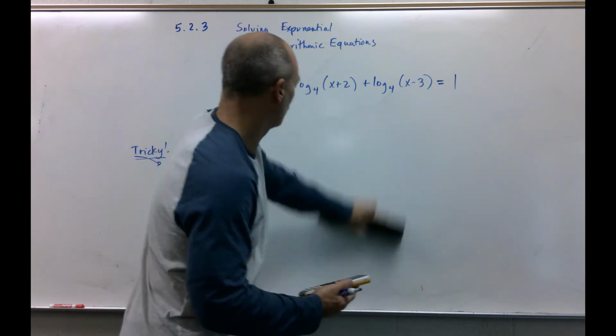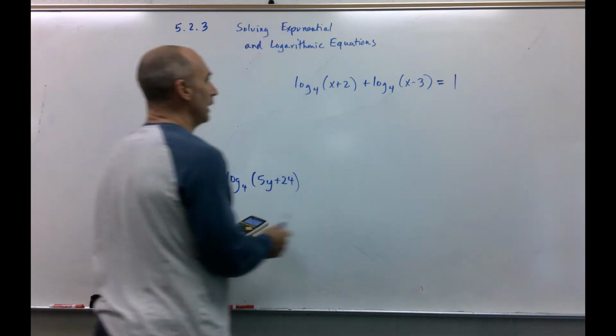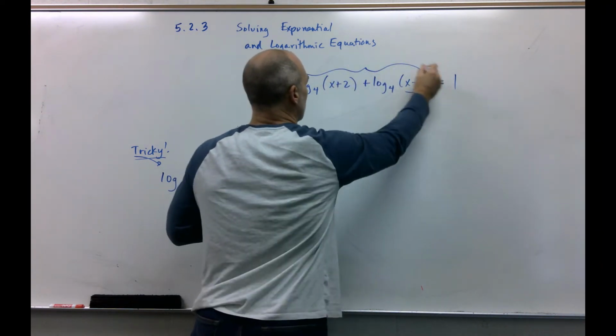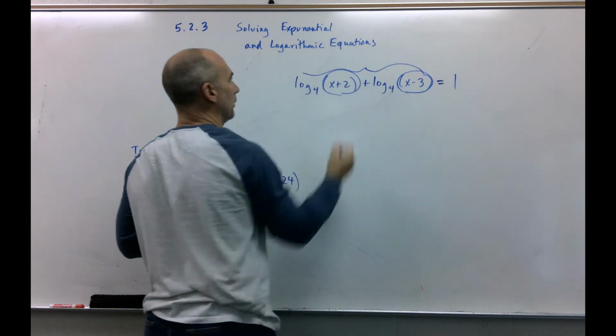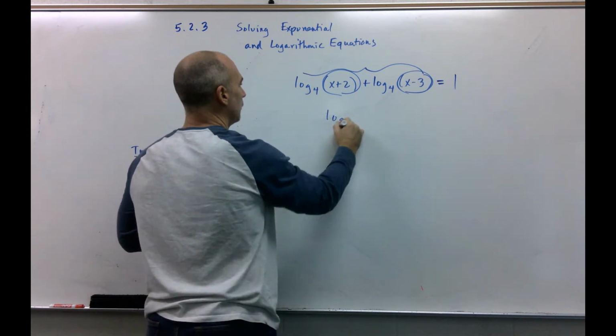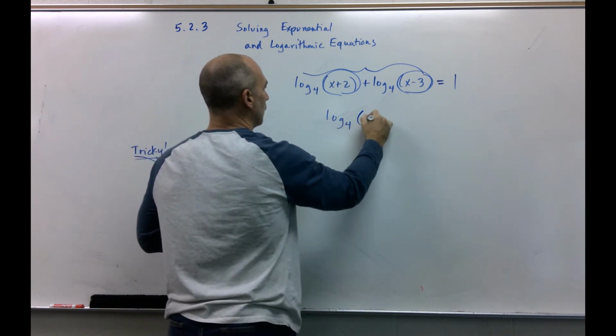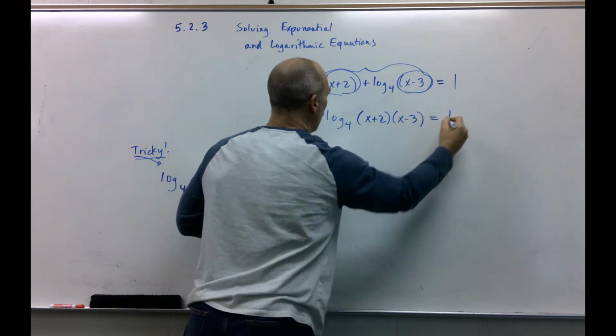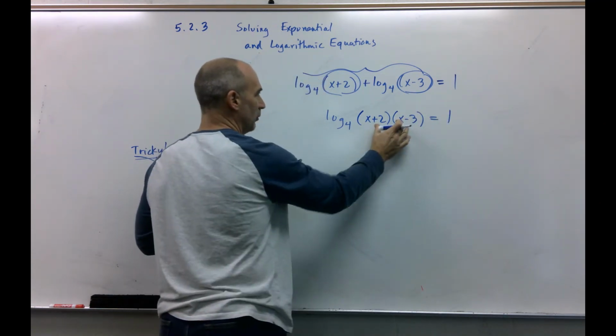Last 2. Well, again, the 2 shall become 1 by multiplying these things together. So we're going to go log 4, and then we go x plus 2 times x minus 3 equals 1. What do we do with this? Well, FOIL it.